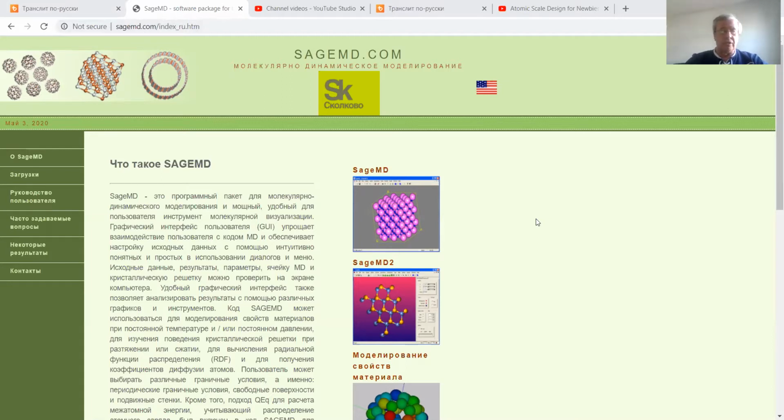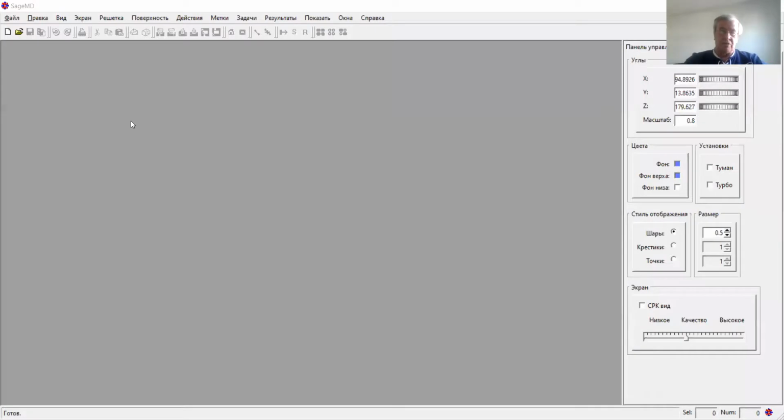So you can download it and it has a big database of crystals, from which I downloaded a few examples to show you some samples of crystal symmetry. So let's go now and open the SageMD program. All right, so I prepared a few examples and I'm going to show you them.